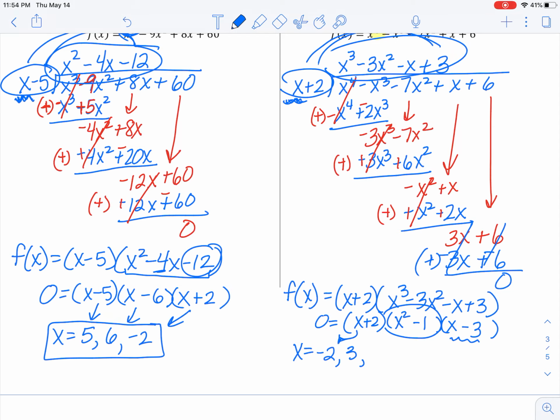It can factor further because it's a difference of squares. So it will factor down to conjugates, x plus 1, x minus 1, which means that my last two zeros are negative 1 and a positive 1. We got 4 zeros for an x to the fourth power, so that makes sense.